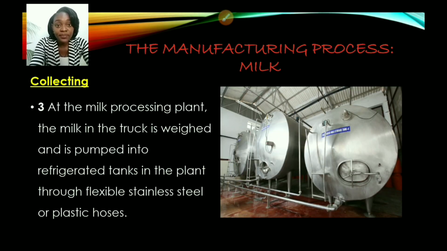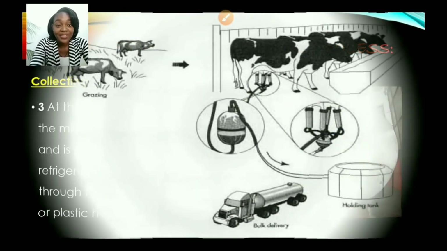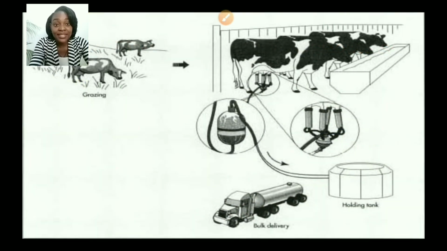At the milk processing plant, when the milk has arrived, the milk in the truck is weighed and is pumped into refrigerated tanks in the plant through flexible stainless steel or plastic hoses. Good? Awesome.